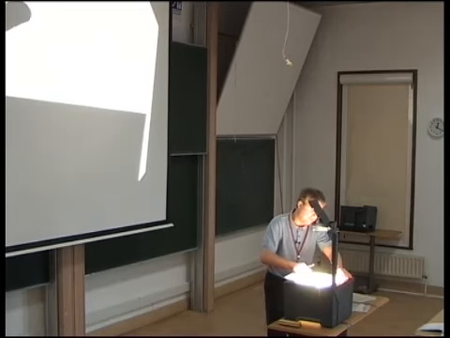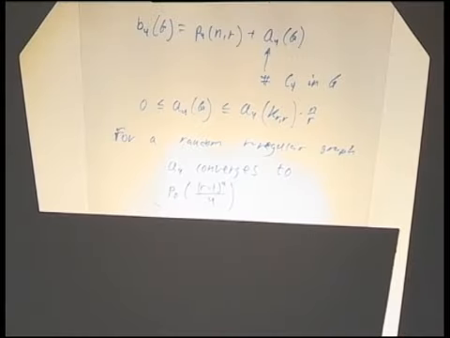And for a random r-regular graph, this number A4, the number of 4-cycles, converges in distribution to a Poisson random variable with expectation (r-1)^4 divided by 4. So notice that this doesn't depend on n. The number of 4-cycles in a random regular graph does not depend on the size of the graph asymptotically. It converges to a Poisson variable with fixed expectation.